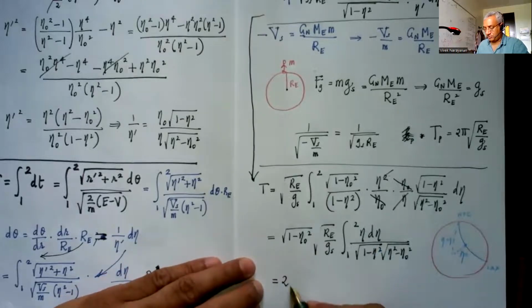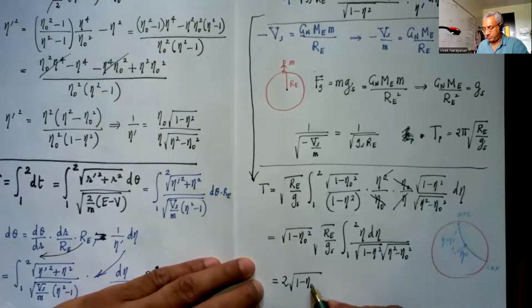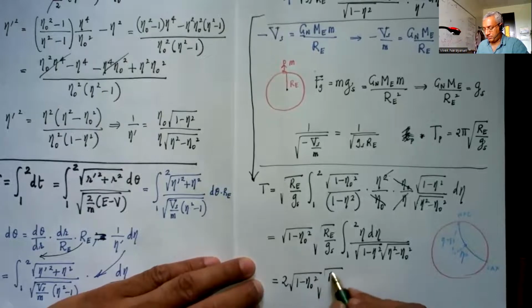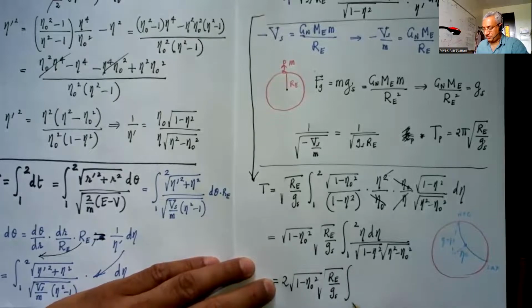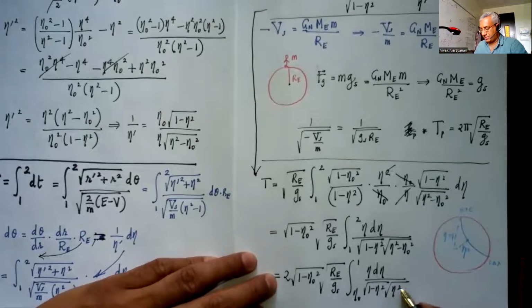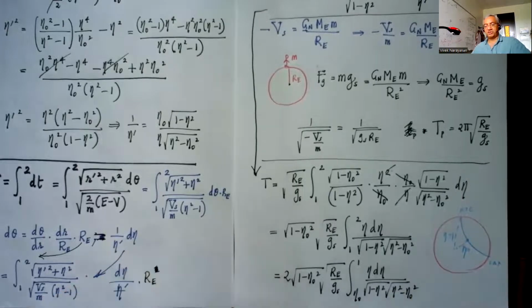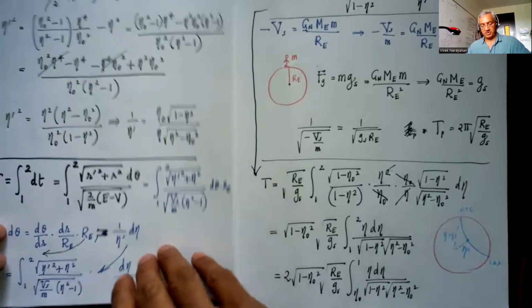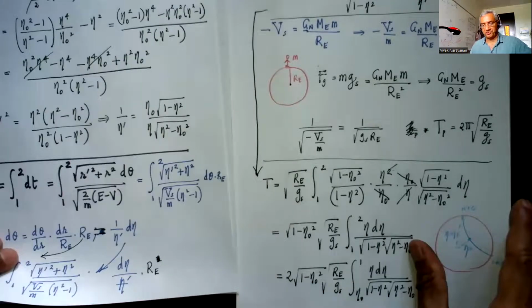2 times the square root of 1 minus eta naught squared, the square root of r sub e over g sub s, integral from eta naught to 1, eta d eta divided by root 1 minus eta squared root eta squared minus eta naught squared. So this integral is actually what is called an elementary integral.